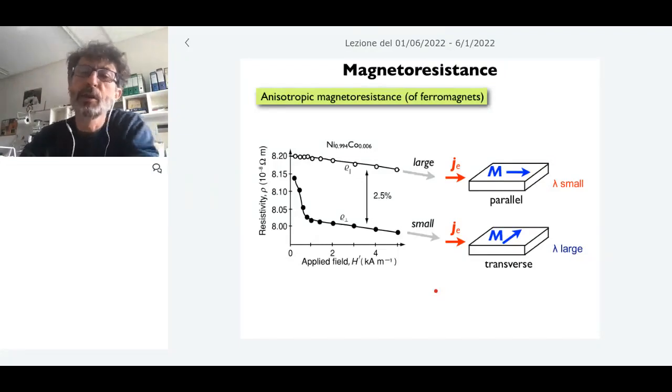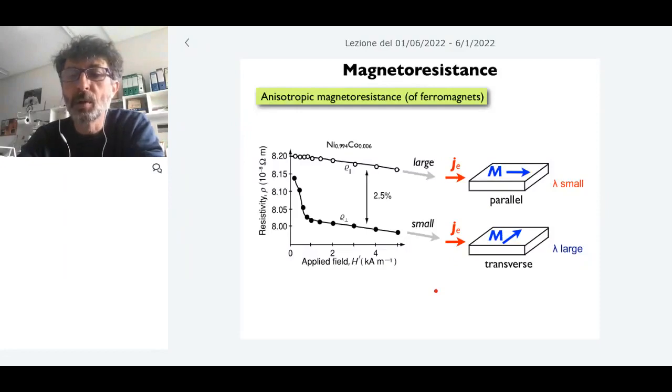Again, very often you take a thin film as a magnetic material, and then you can orient the magnetization parallel to the current or transverse, that is perpendicular to the current. Let's leave out the case where the magnetization points out of the plane. You measure the resistivity as a function of the applied field, and you discover that for ferromagnets, the behavior is exactly the opposite with respect to bismuth.